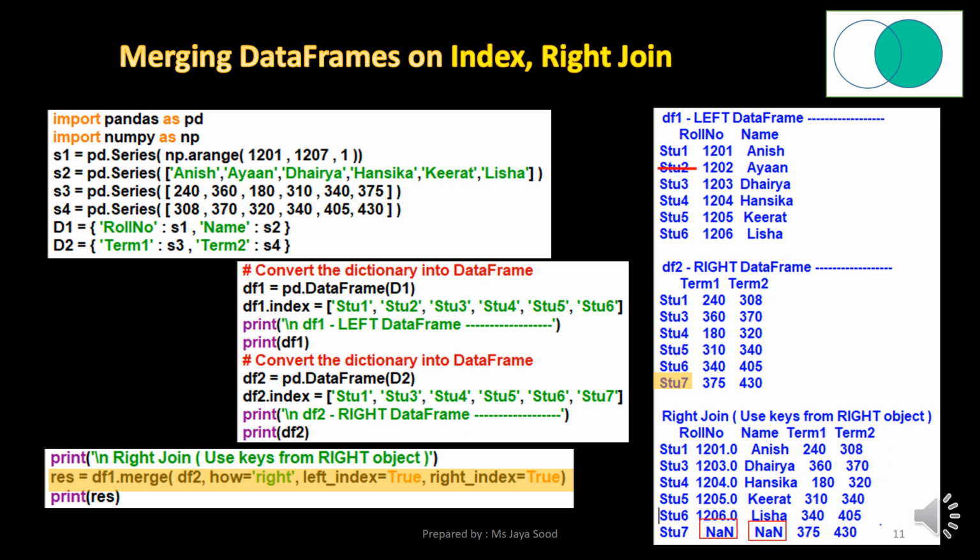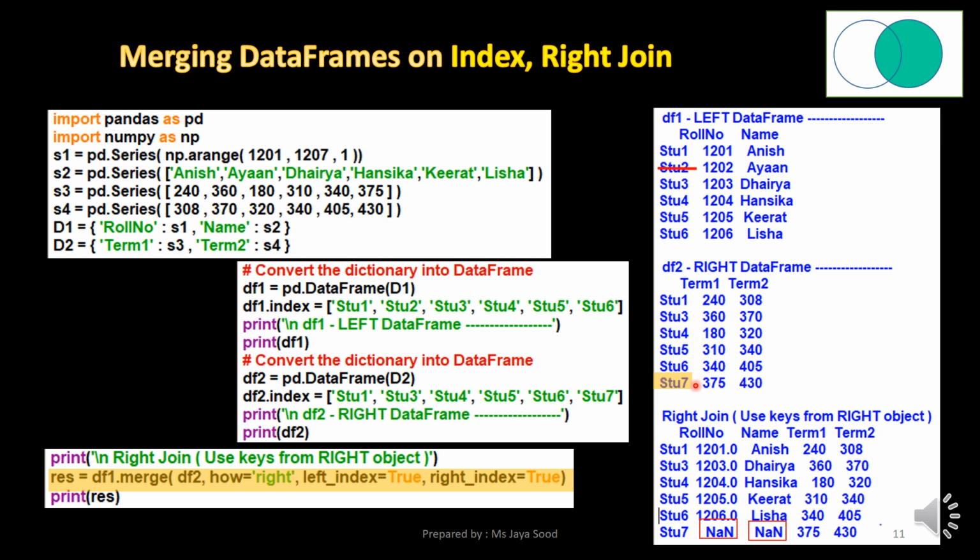Right join using the merge function for the same example. The data frame object res is now created by writing the statement df1.merge(df2, how='right', left_index=True, right_index=True). The indexes from the right data frame will now be used for merging.